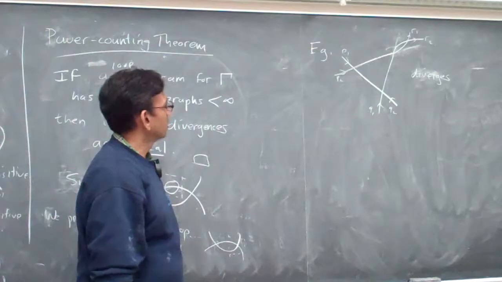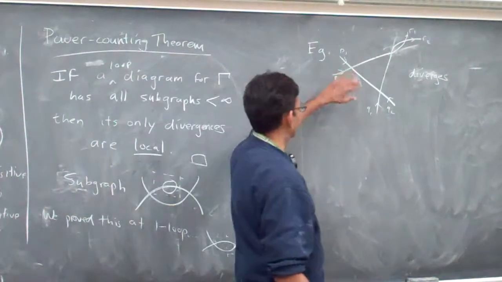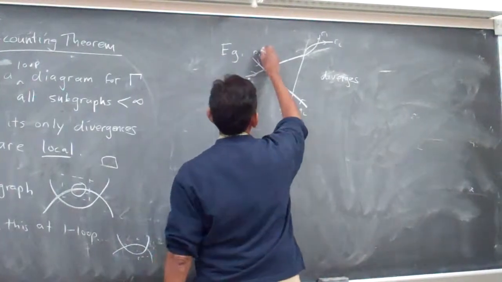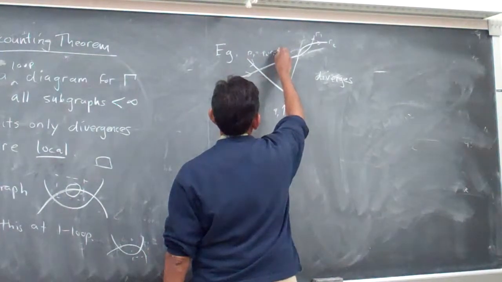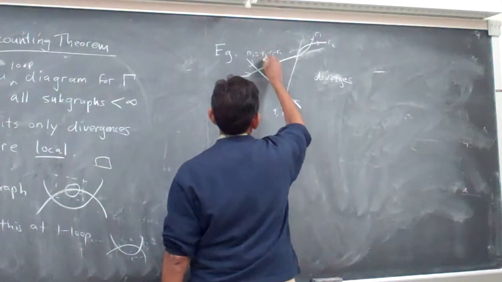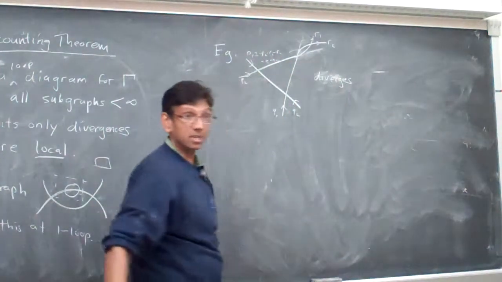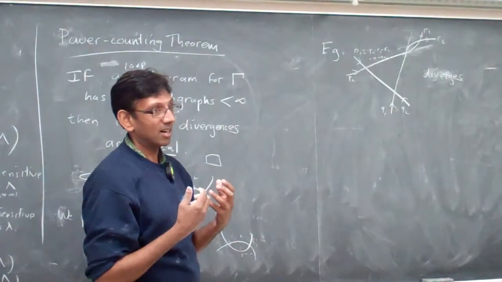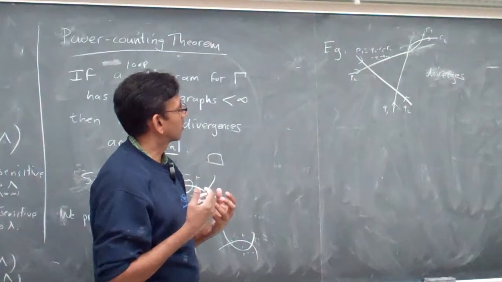So we can imagine differentiating with respect to... let's take these as independent. Let's say this P1 is determined by minus P2 minus R1 minus R2 minus Q1. But we can differentiate with respect to all the independent momenta and try to make this thing converge.